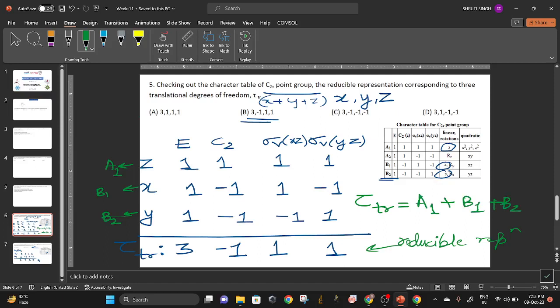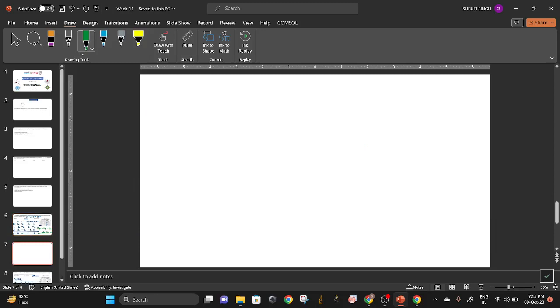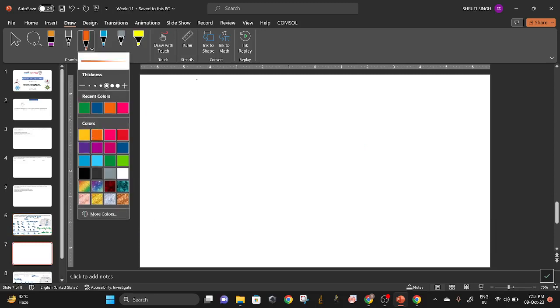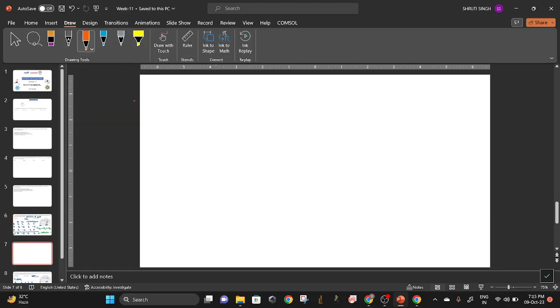How do we break that? What is the formula? Do you recall the formula which we use to break these reducible representations into irreducible ones? No, a_i is equal to 1 upon h.